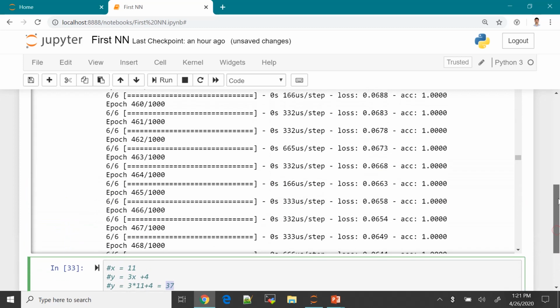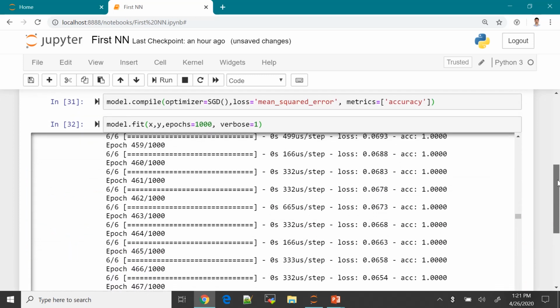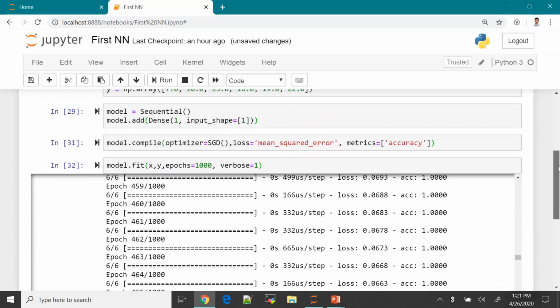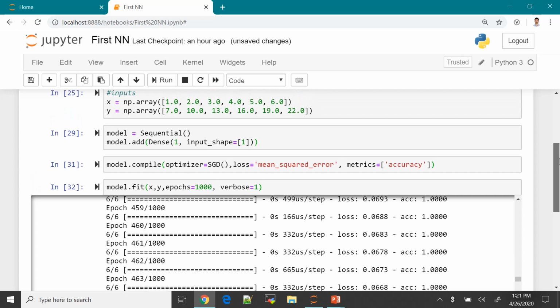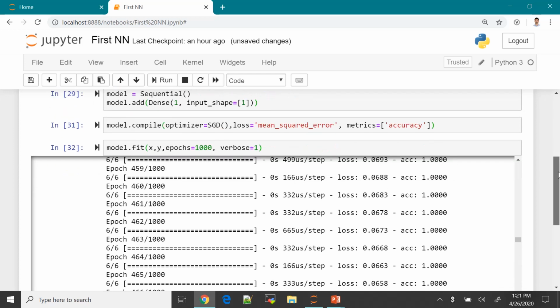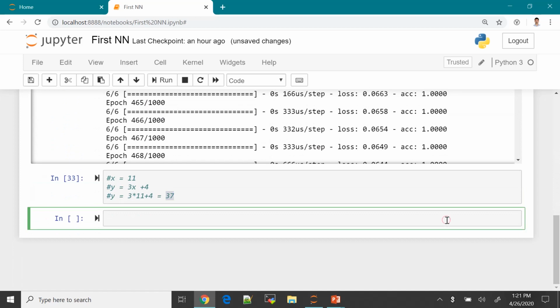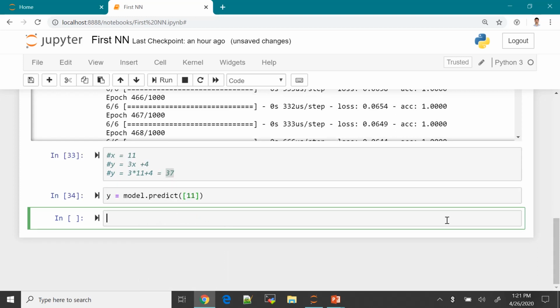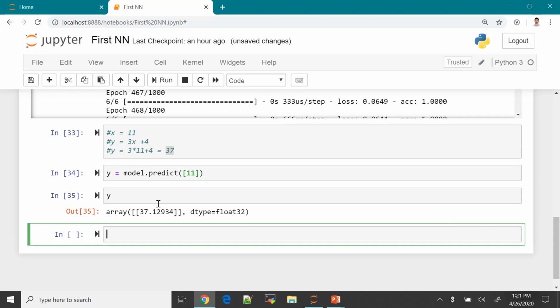Now the model is already trained. It figured out the relationship between x and y, and we didn't specify the formula here. So let's see how this model is going to predict. y is equal to model.predict, and we are feeding x as 11. Now let's check what y is. y is like 37.